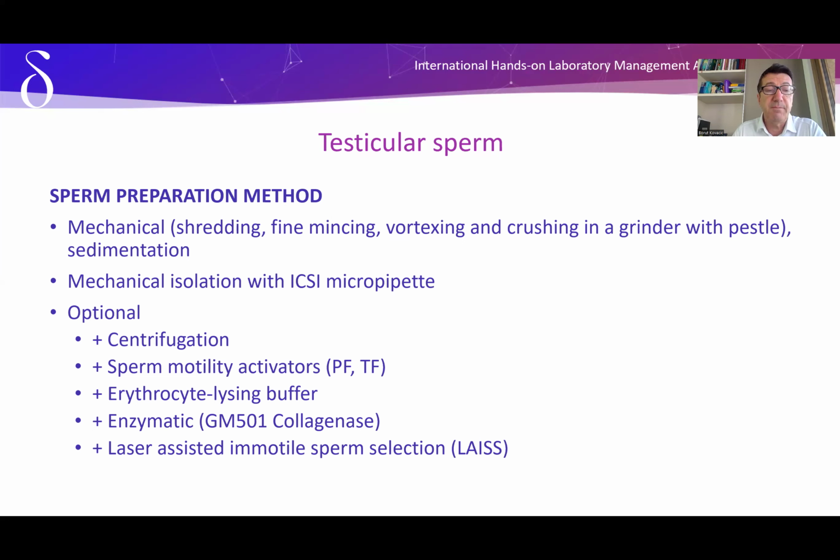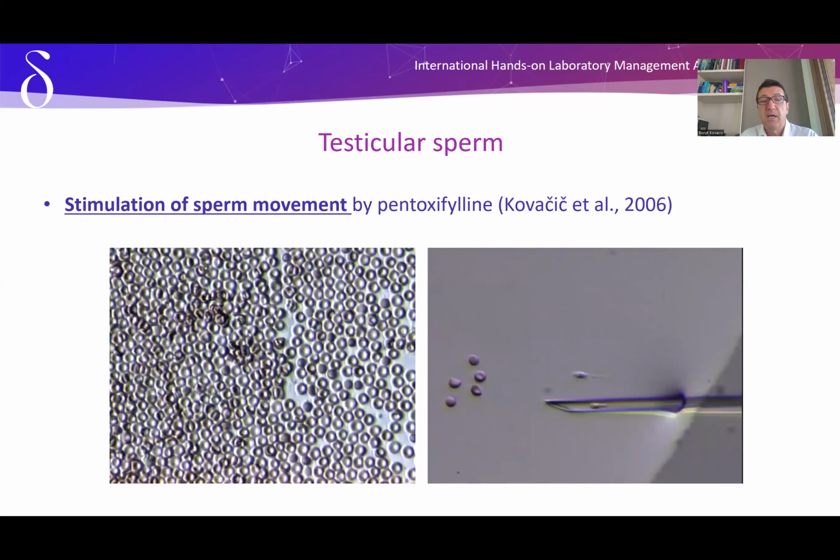There can be optional additional centrifugation, additional sperm motility activators, erythrocyte lysing buffers, or enzymes like collagenase to make a cell suspension from the tissue, and some laser-assisted immotile sperm selection.